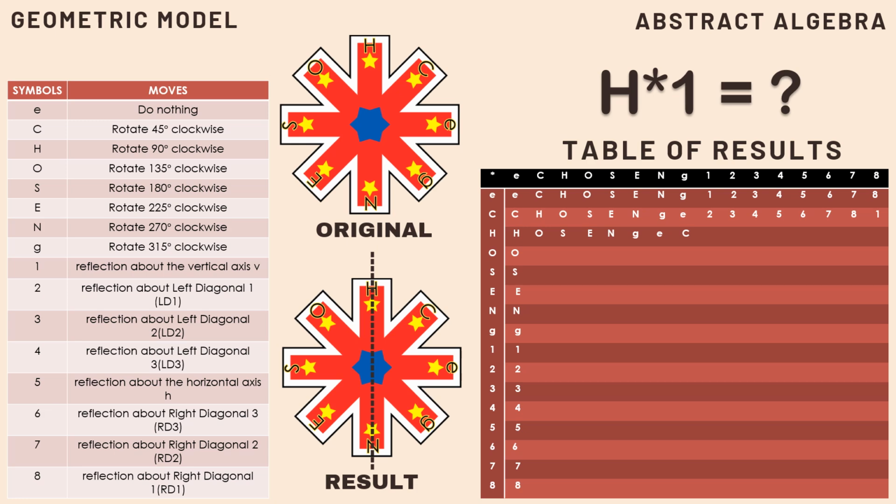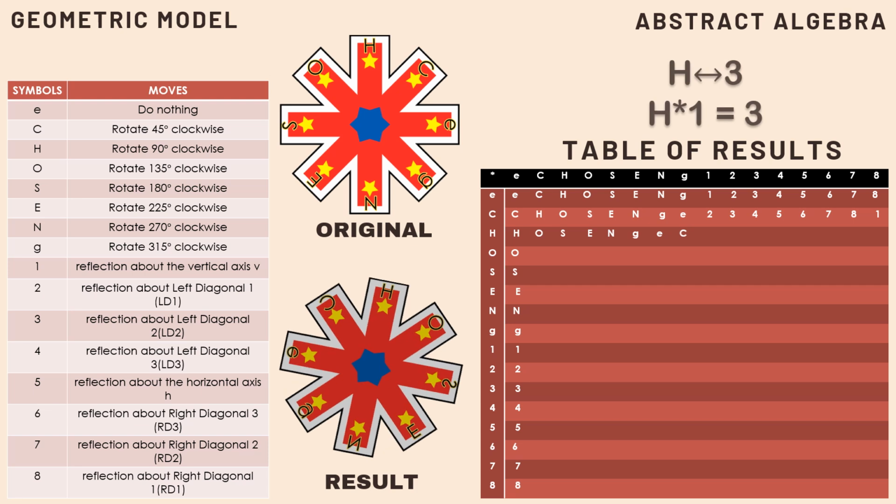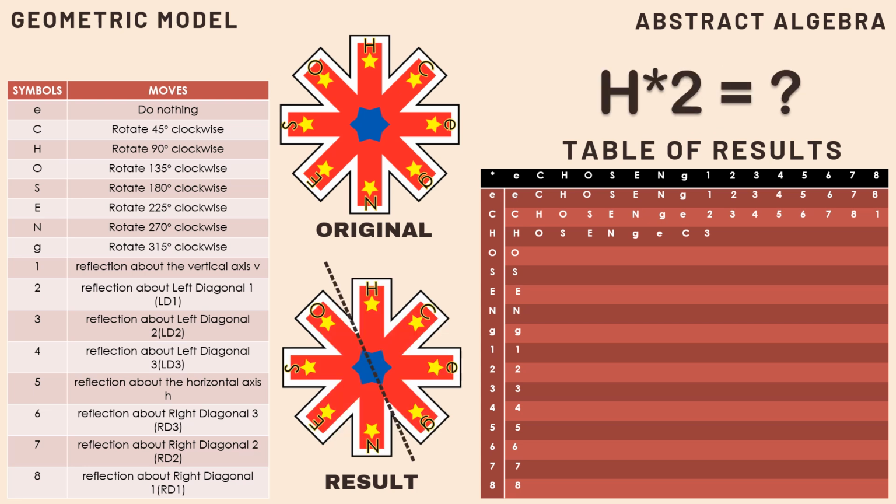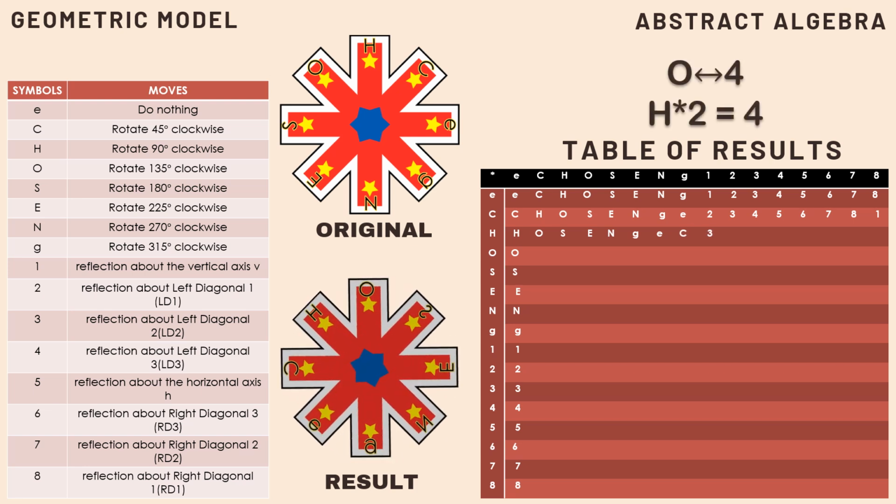Next, we have H star 1. Since H maps to 3, then H star 1 is 3. H star 2. Since O maps to 4, then H star 2 is 4.